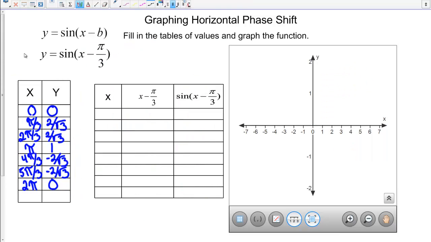Alright, so here we have sine of x minus pi over 3. I have some points for my original sine function already picked out. Again, the first step is to write down the x's that we're going to use. Notice that on this one, because I'm subtracting pi over 3, I chose multiples of pi over 3 to make my math easier.